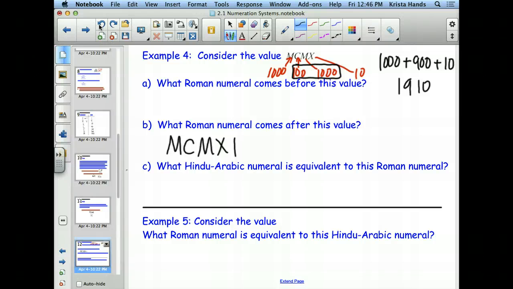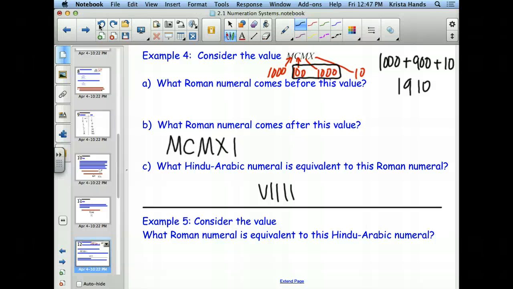How do you write 9 in their number system? What's that? Can't you just do it like V and 4 I's? Can you? So it's a good question. So somebody tell me, can you do a V and 4 I's? No. What is wrong with this notation with the way they used it? They'll never do 4 symbols in a row.